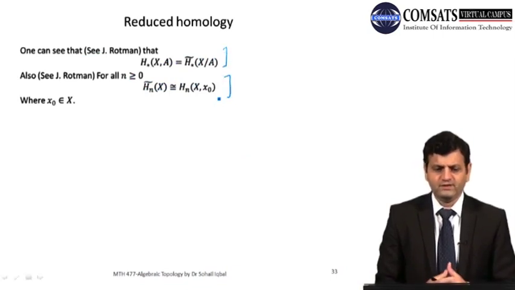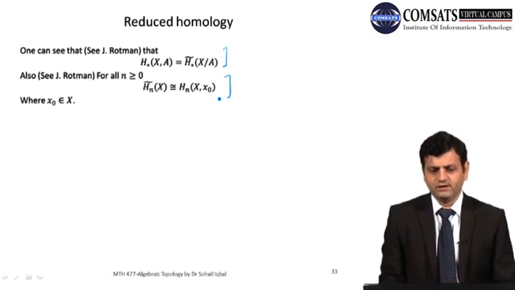Remember that when we were trying to define reduced homology, we said that we are going to find a relation between the relative homology and the quotient space homology. So that's the relation. If you want to calculate the relative homology of a pair of topological spaces, it is the same as calculating the reduced homology of the quotient topology.